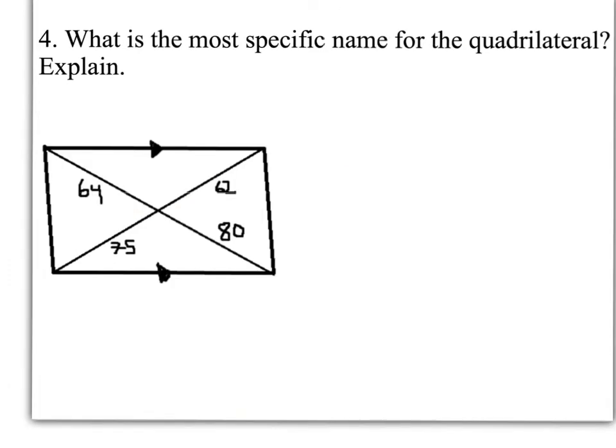Take a look at another example. What is the most specific name for the quadrilateral? Explain. Okay. And we can only go based off of the information we have, okay? So in this case, the first thing I notice is I have a pair of parallel lines, okay?